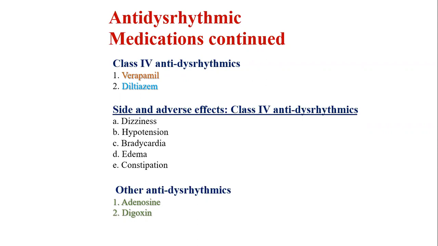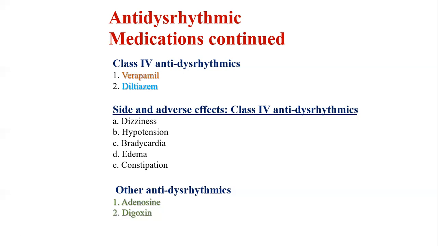The most common side effects are hypotension or bradycardia. Keep in mind, verapamil and diltiazem are also used for hypertension and angina, not only as antiarrhythmic drugs.